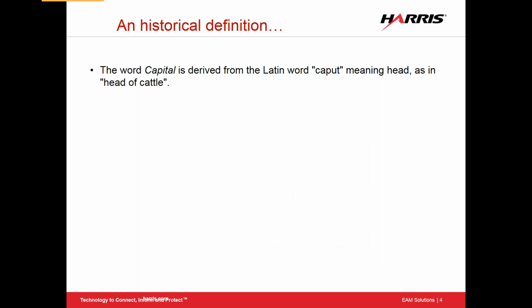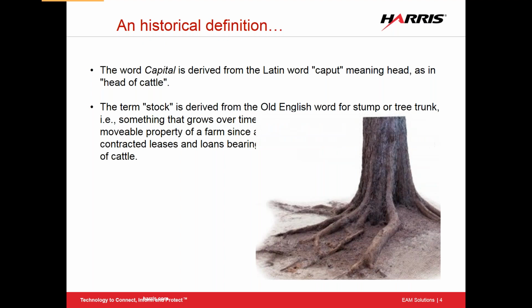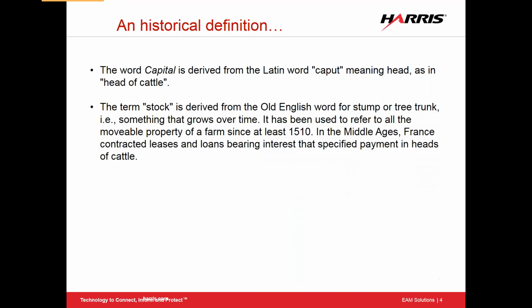So let's take a look at some closely related terminology that goes with capital. We're all familiar with capital stock. Well, the word stock comes from an Old English word, and it has to do with trees and how they grow and the deep roots and how they grow over time.